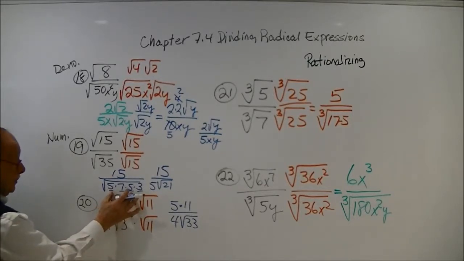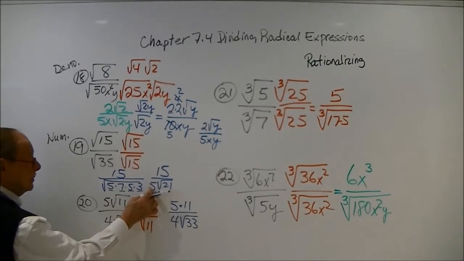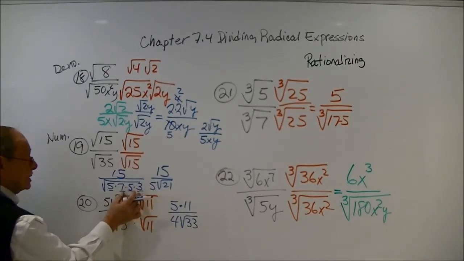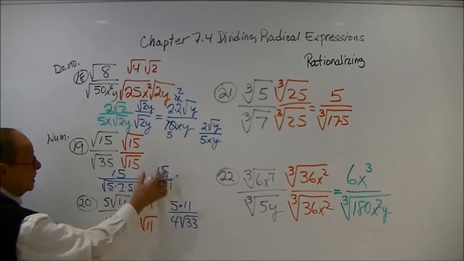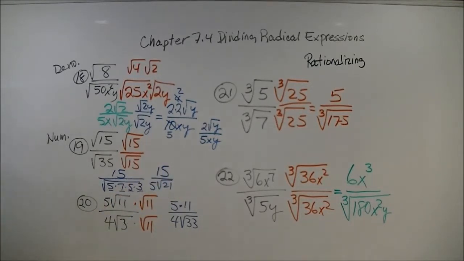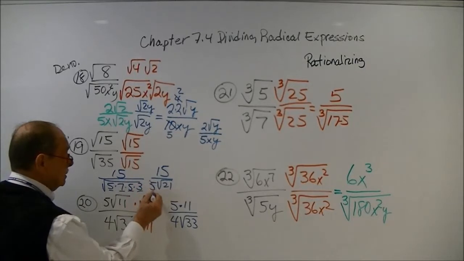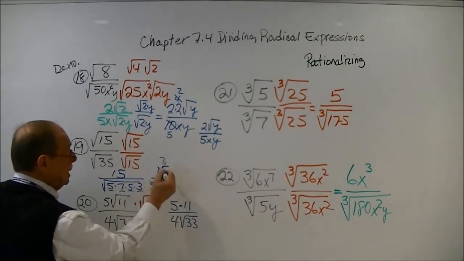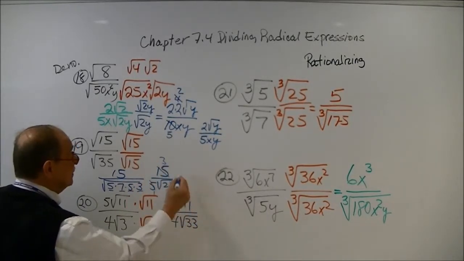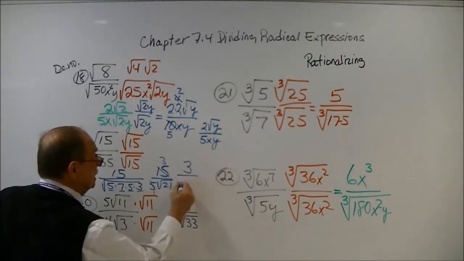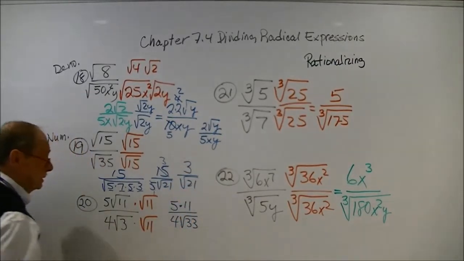So you see I have 25 there, and the square root of 25 I pull out as the 5. And then what's left under the radical sign is 21. So this is what I have. But now you'll notice I could cancel 1 out of there, 3 out of there. So my final answer here is 3, the square root of 21.